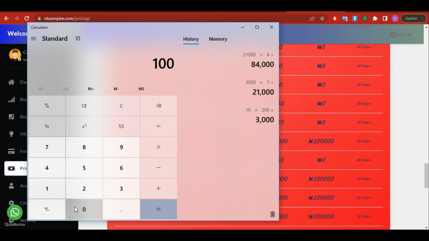Remember, you have to be aggressive. That's 30,000 in a day. When you multiply it by 30 days, you have 900,000 naira in a month.